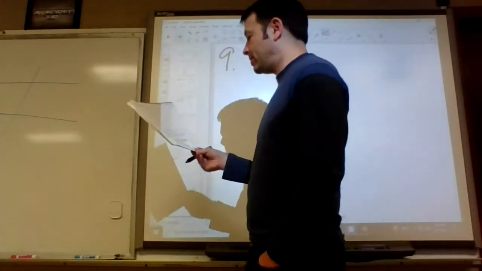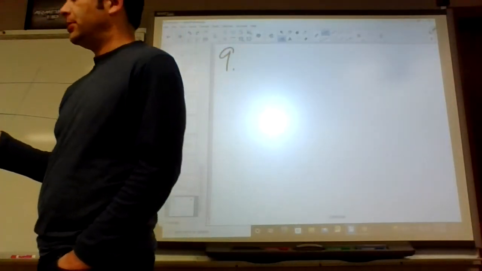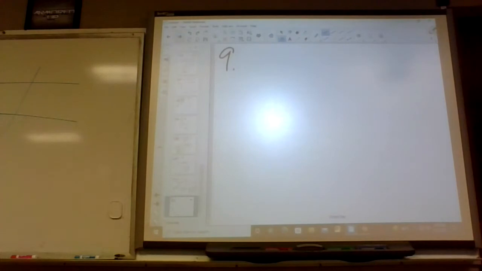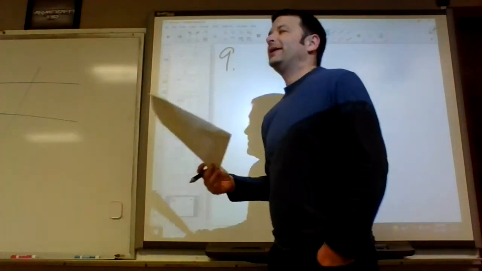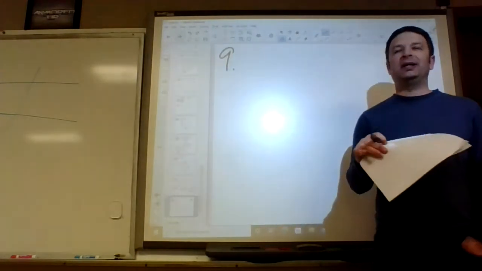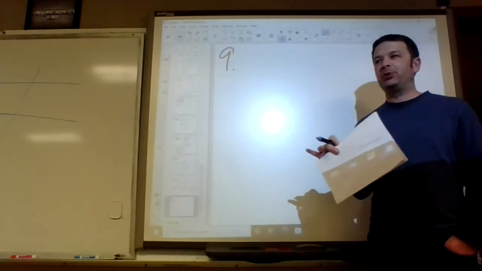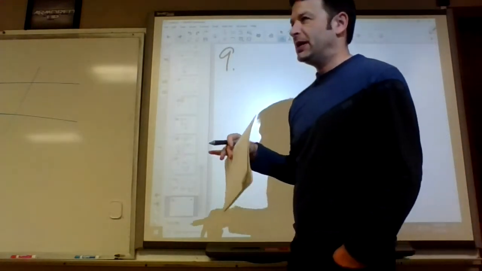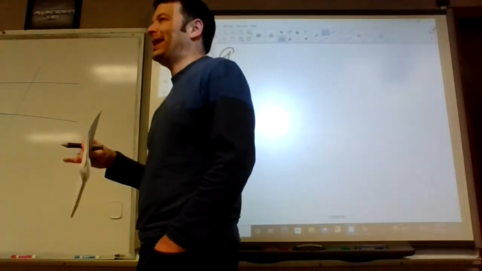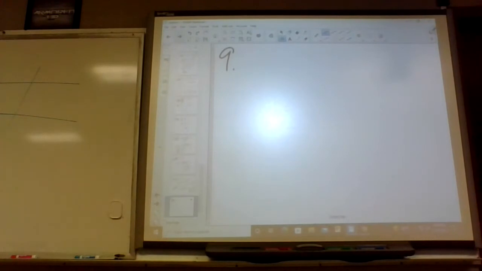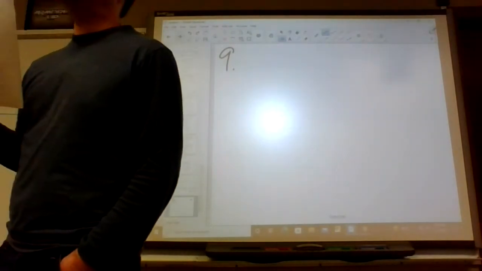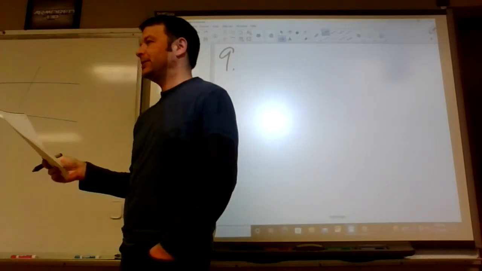At 70 miles per hour, how far can Kelly go in 38 minutes? Round to the nearest tenth of a mile. Okay, so if she is going 70 miles per hour, how far will she get in an hour? 70 miles. So the question, that's not the answer. The question is, how far will she get in 38 minutes?